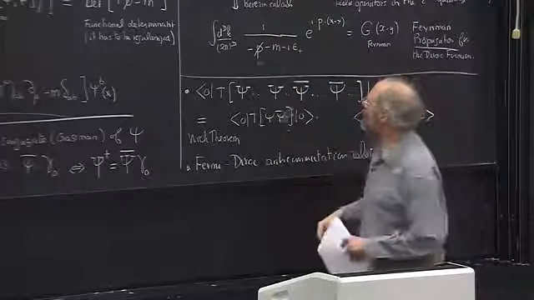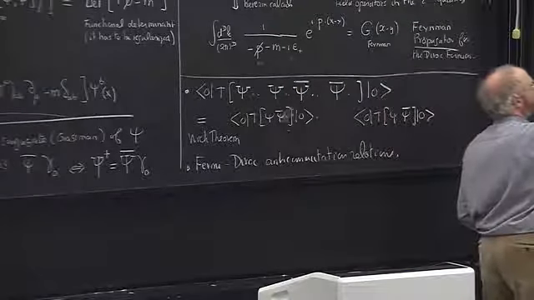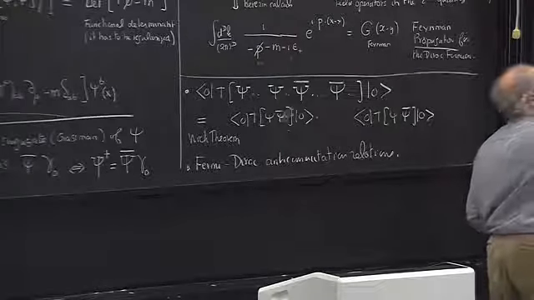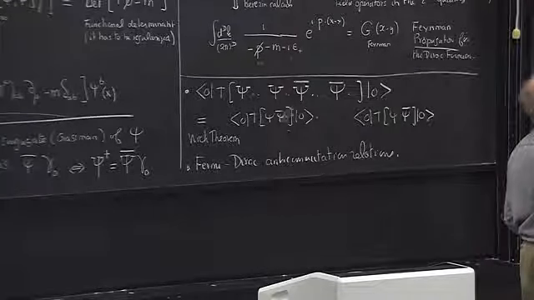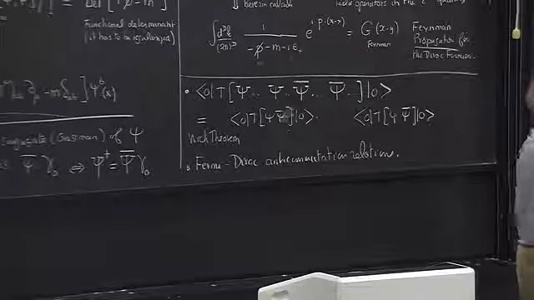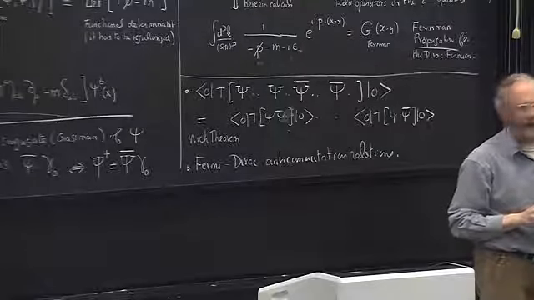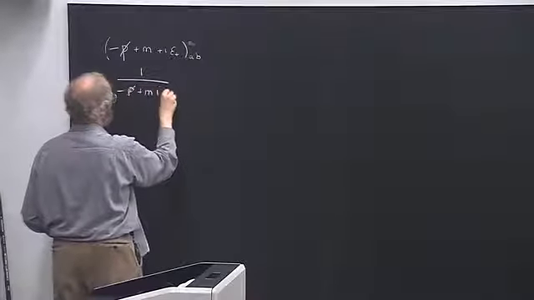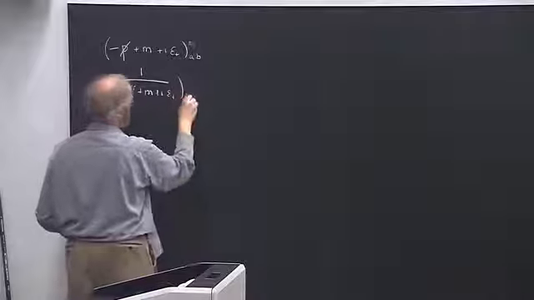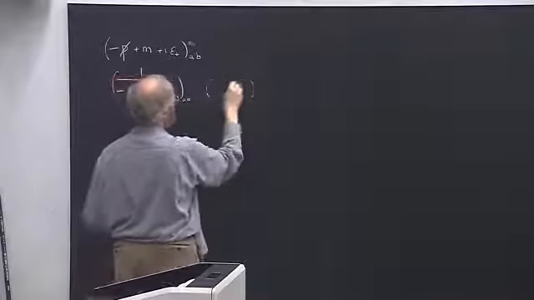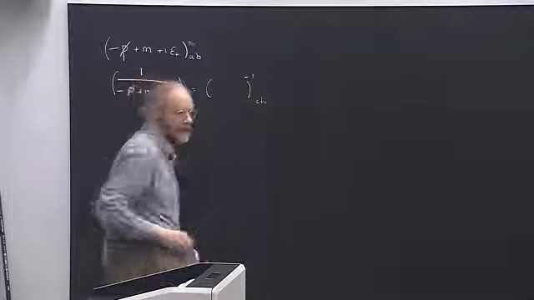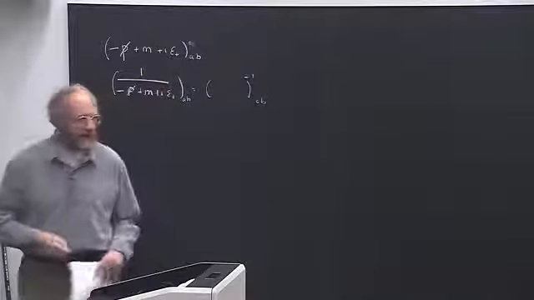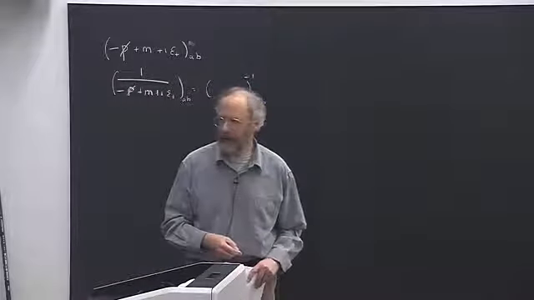Well, if you have not, it's simply that, of course, minus p slash plus m plus I epsilon is a matrix, so it has a matrix element A, B, a Dirac matrix element. And when I write 1 over minus p slash plus m plus I epsilon, with indices A, B, this is the inverse of this matrix AB, as in the Dirac case.